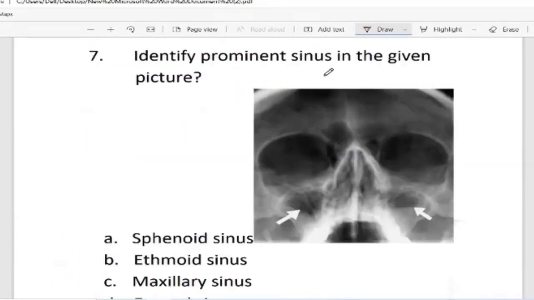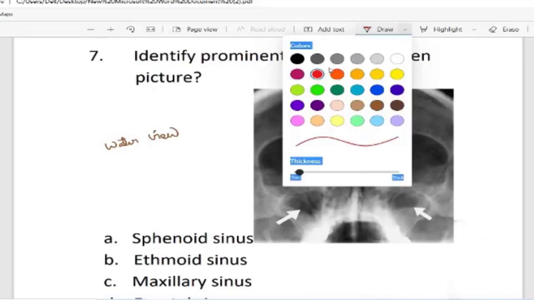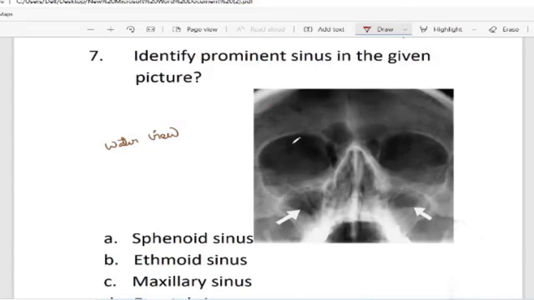Now, identify the prominent sinus in the given picture. This is an X-ray view of the paranasal sinuses. As you can see, it's a very simple question, nothing fancy in this. This is the orbit on both sides. The examiner wants to ask about these.